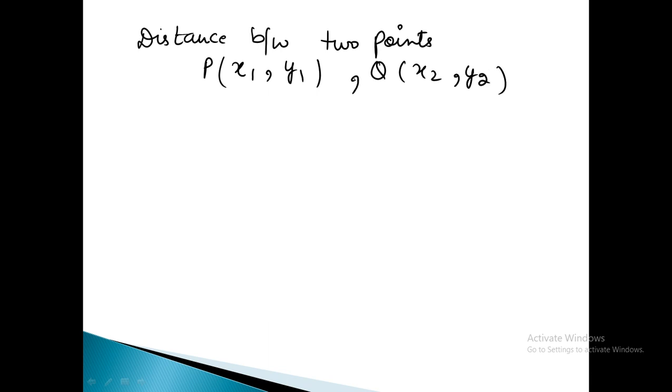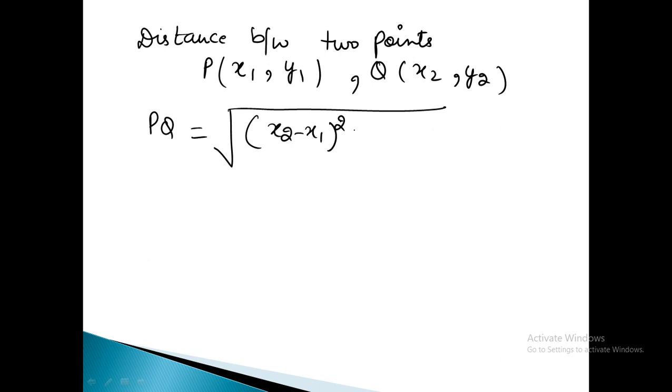We want to find the distance between these 2 points. Then we will use the formula PQ is equal to the square root of (x2 minus x1) whole square plus (y2 minus y1) whole square. This formula is used for finding the distance between 2 points.